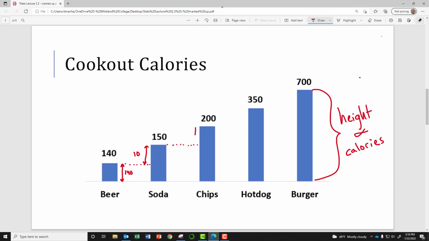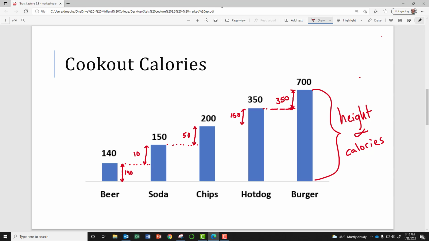And then here we see about the same height used to represent a difference of 50 calories. And maybe you see where I'm going with this, but here it again represents 150 calories. And then here, that same height difference seems to represent 350 calories.